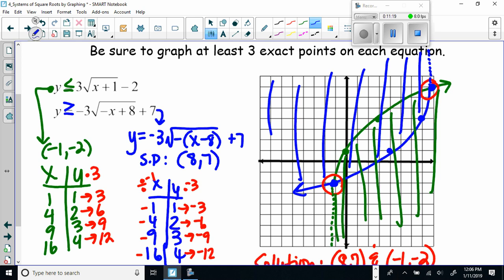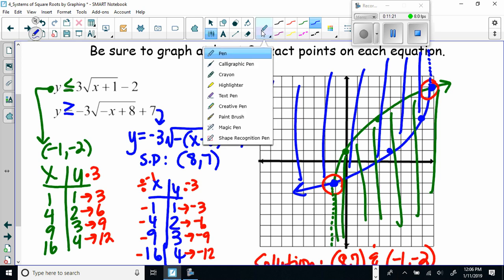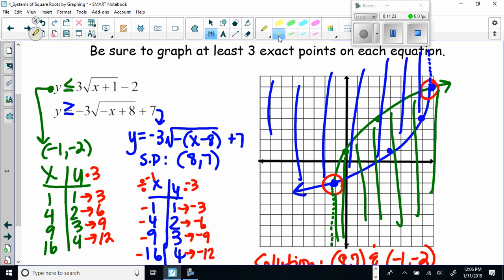So my solution in this case is going to be this little area in here. If I had flip-flopped my greater than and less than signs on both of them, I don't think I'd have any intersecting shading. I wouldn't have had any solutions. So you'll have a few of these where you have to do a little bit of shading.